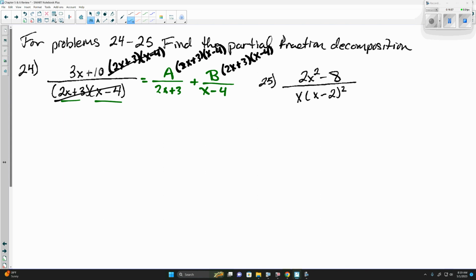Everything's going to cancel on the left-hand side, leaving us with 3x plus 10 is equal to, here, 2x plus 3 and 2x plus 3 cancel, leaving us with A times x minus 4, plus B times, well, the x minus 4 and x minus 4 cancel, leaving us with 2x plus 3.